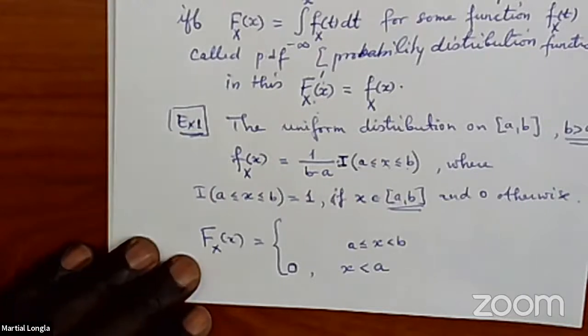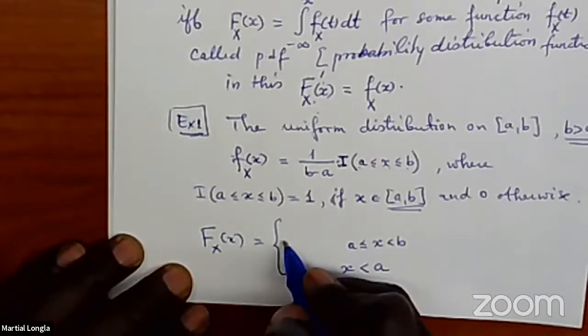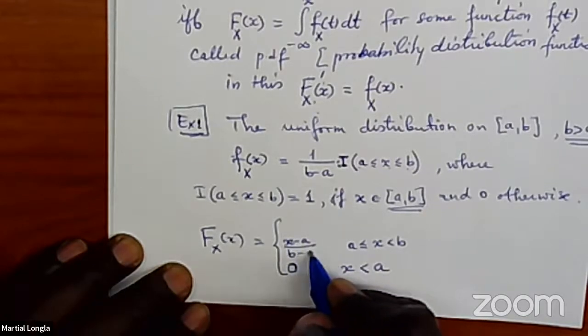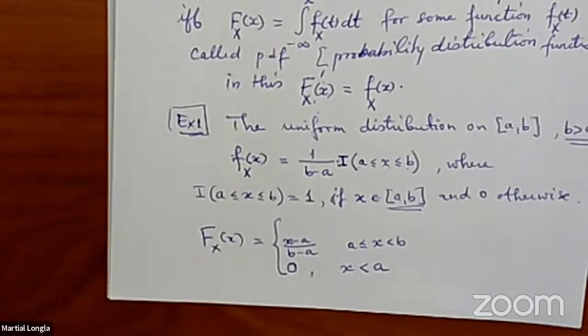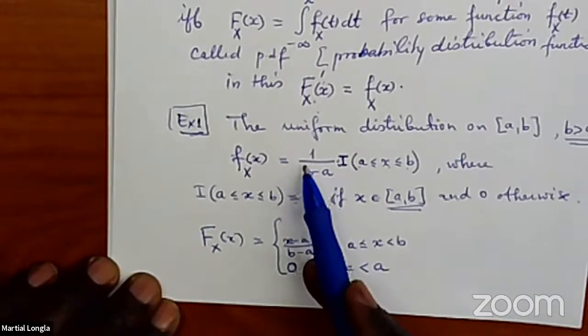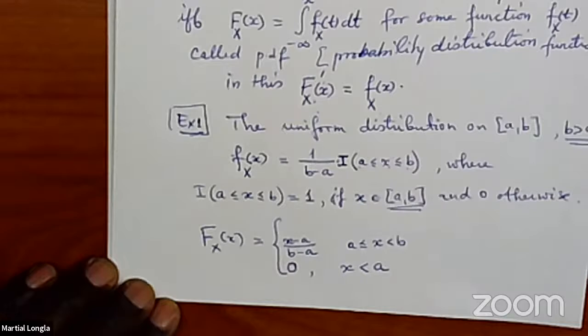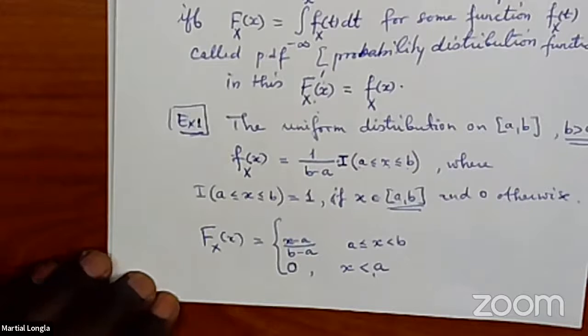Does that make sense? So this is x minus a over b minus a, which is also obtained by taking the integral of this from a to x. Because you take the integral from negative infinity to x, but from negative infinity to a, you have 0. So it's just the integral from a to x, which is x minus a.